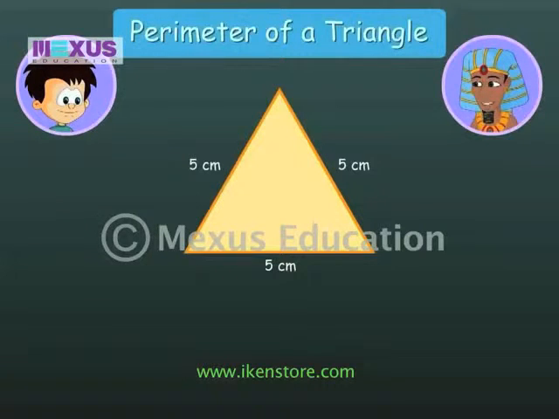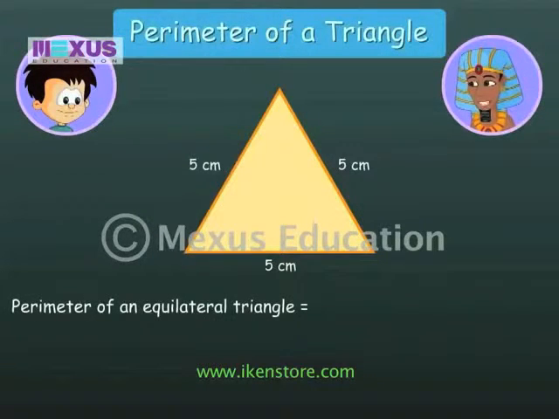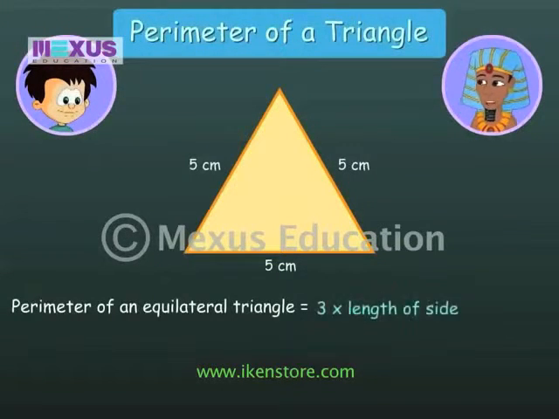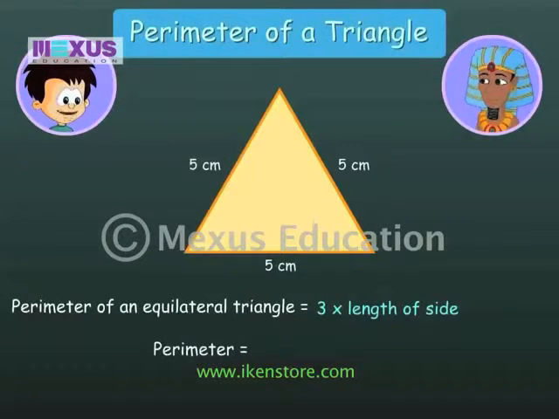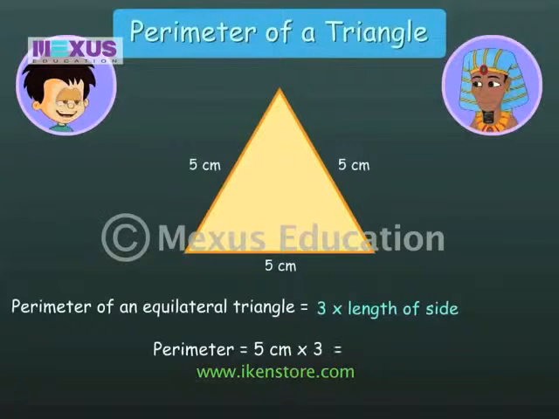To find out the perimeter of an equilateral triangle, all you need to do is multiply the length of one of its sides by 3. Can you tell me the perimeter of this triangle, JC? The perimeter of this triangle is 5 centimeters multiplied by 3, that is 15 centimeters.